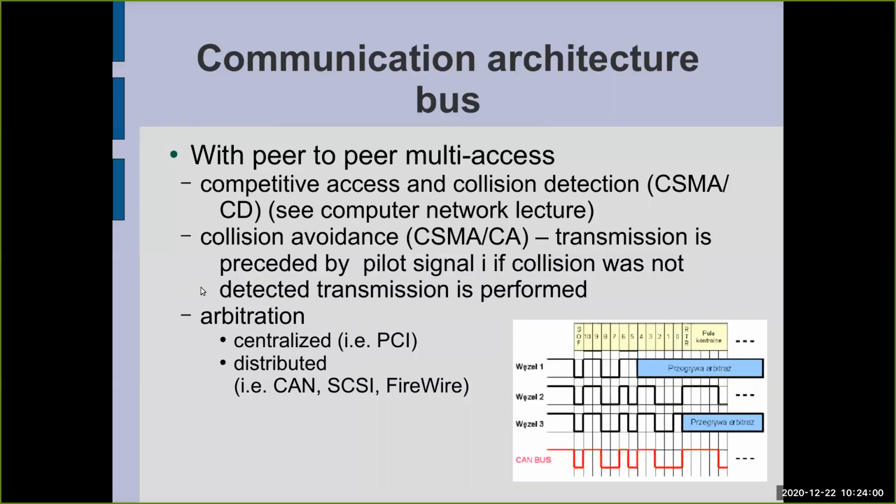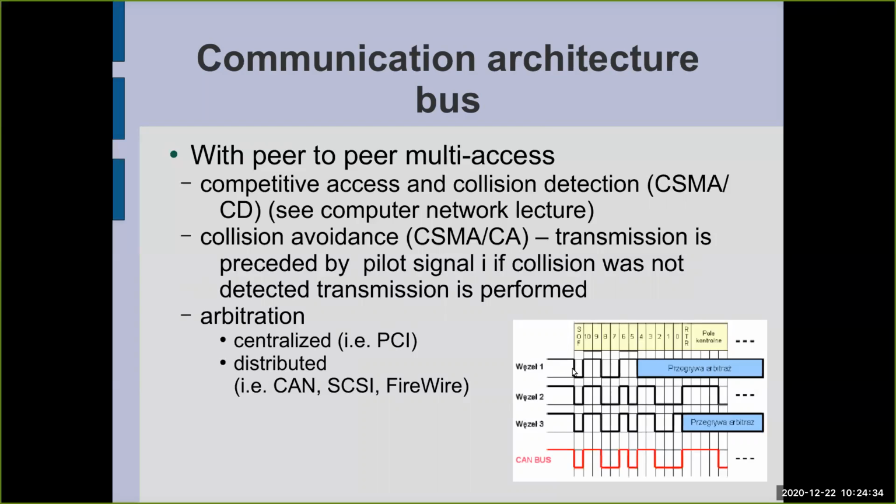The second method, which is used in industrial networks, is something which is called competitive access and collision avoidance. Yeah, so we have not CD like here, but we have CA. And here you have a scheme which shows how this method works.